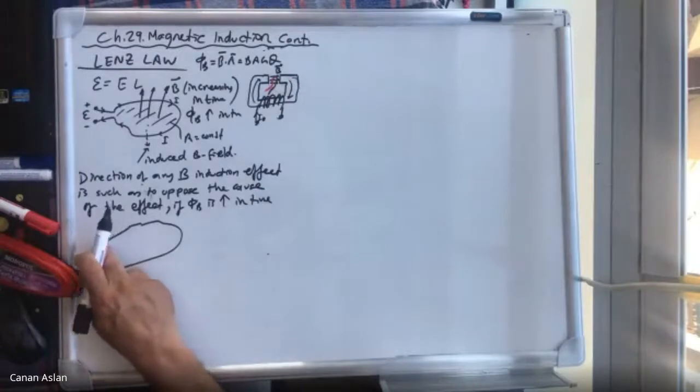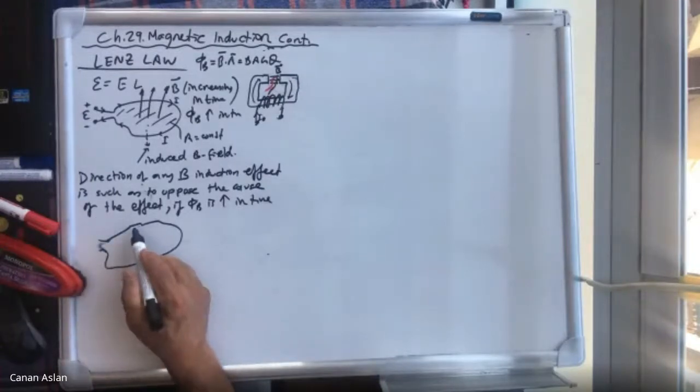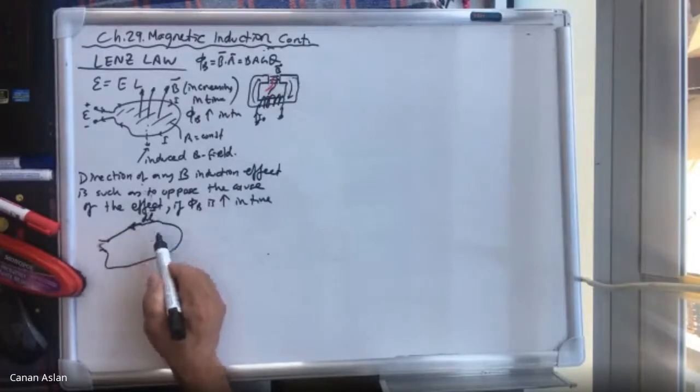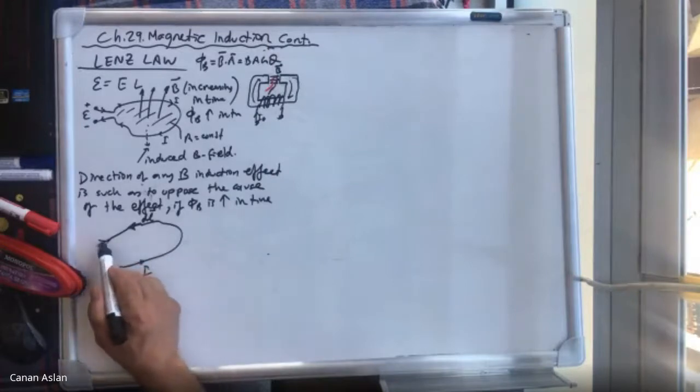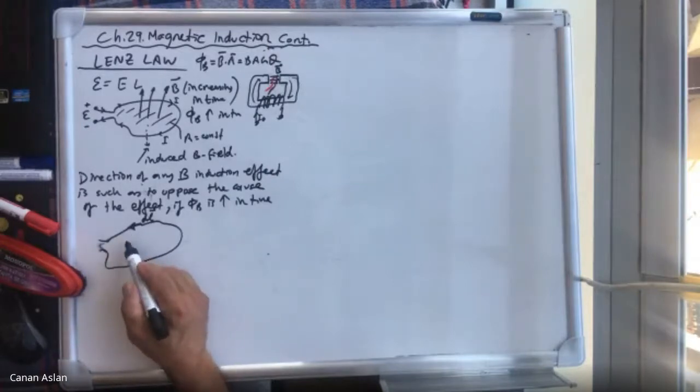So let's look at this loop now. Remember that the loop was like that. If we just take a little length dl here, the current is circulating through here, and dl is this way in the direction of the current.